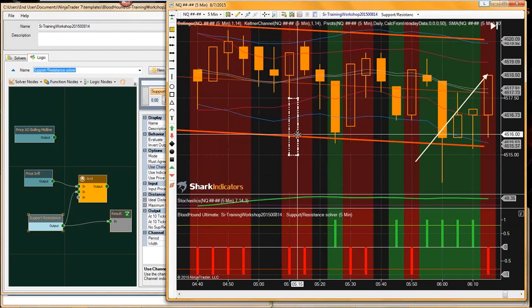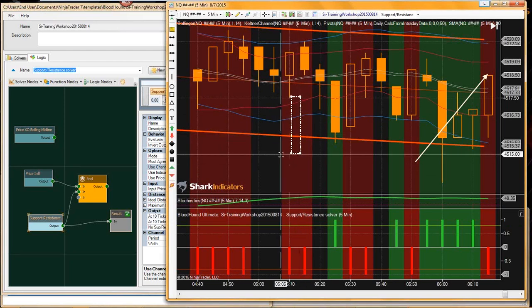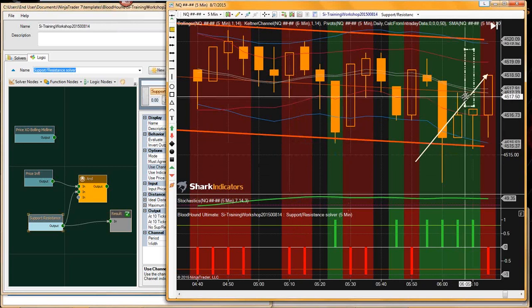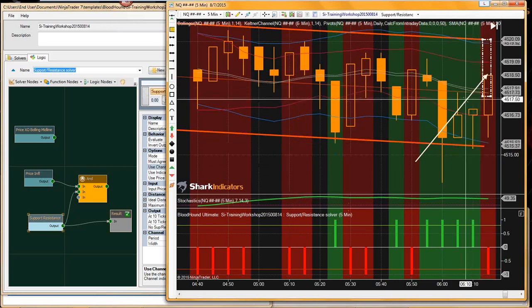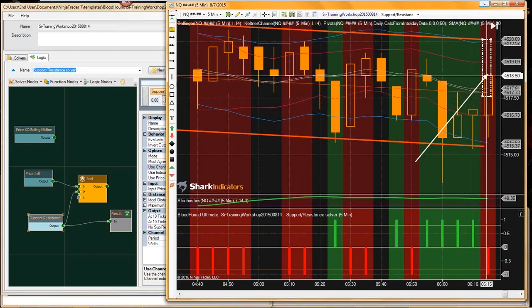Okay, so this rectangle is 10 ticks high. Yeah, all right. So the closing price is within 10 ticks of the upper channel line.